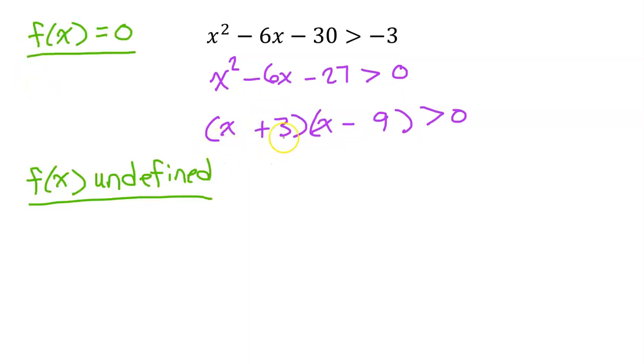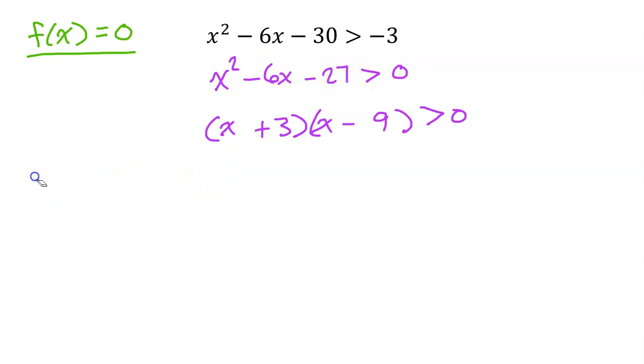In a moment, I will solve this inequality by making a sign chart. I'm going to refer to the left side of this inequality as f of x. To make a sign chart, we need to know where f of x is equal to 0 or where f of x is undefined. Since a polynomial is defined everywhere, we don't have to worry about the second one on this particular problem.